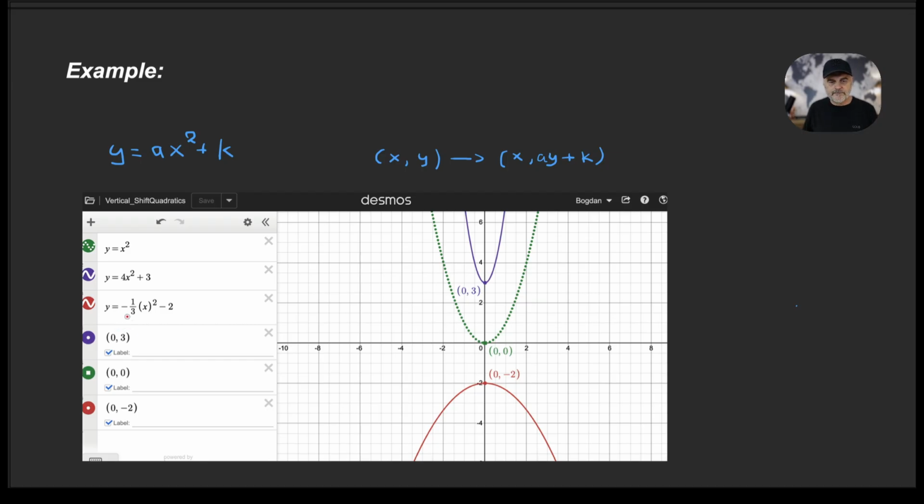So this is the compression effect, but because it is minus 2, then you have to drop that graph further by 2 units down. So vertical translation is about straightforward reading. If you add a number to the formula, then you move the graph up. If you subtract, you just drop it down. So hopefully that makes sense.